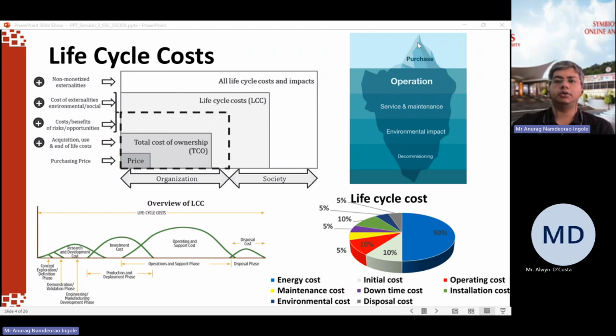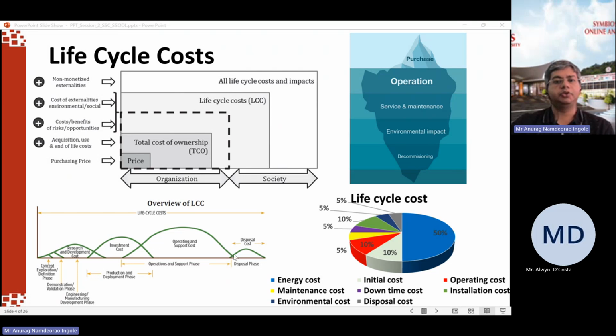Purchase related cost is the tip of the iceberg, but operation, service and maintenance, the environmental impact of the product's use or manufacture, and decommissioning of that product, meaning disposal or recycling, also have a lot of costs associated with them.